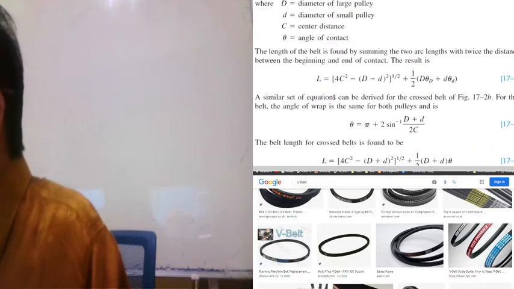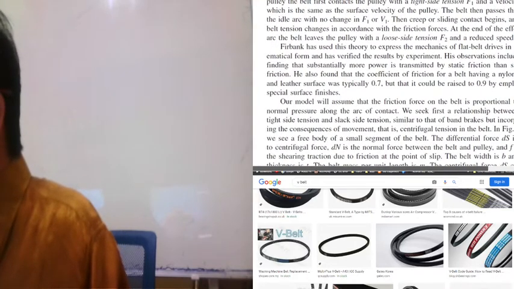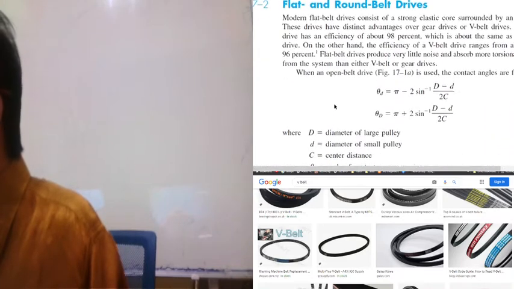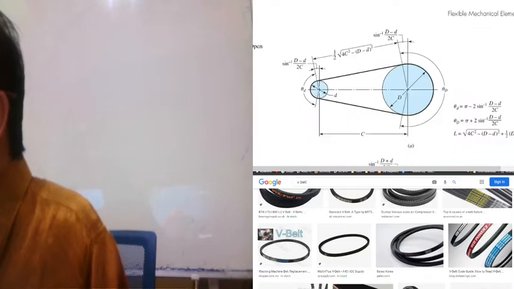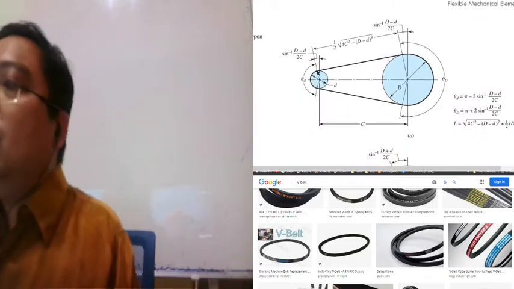You see the picture, which is given in figure 17.1a. This is the picture, figure 17.1a.